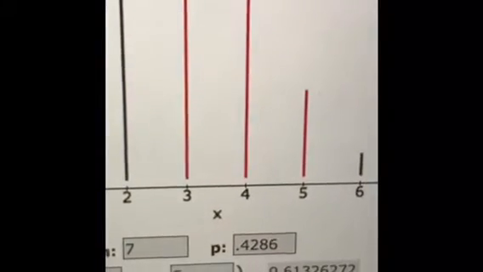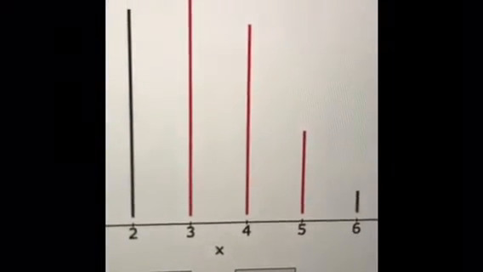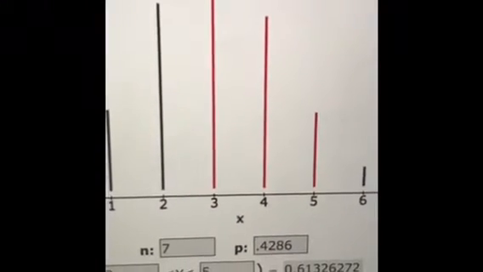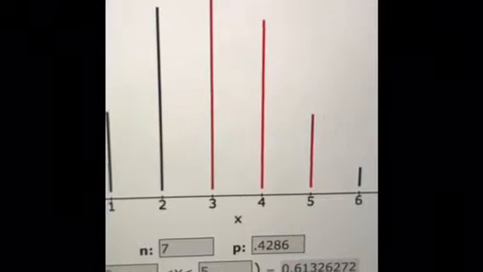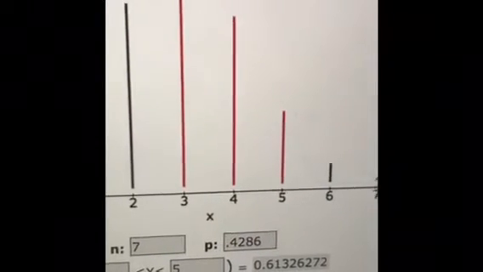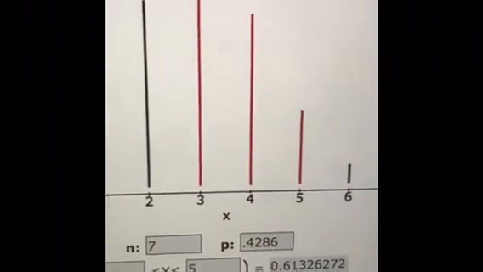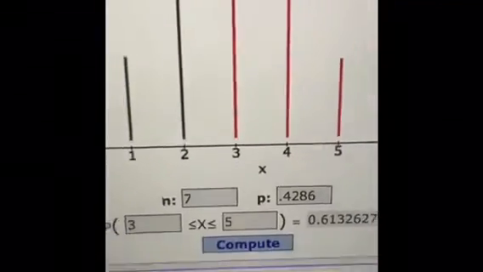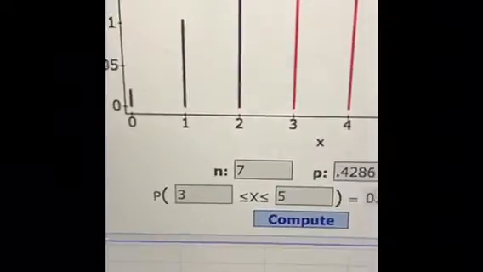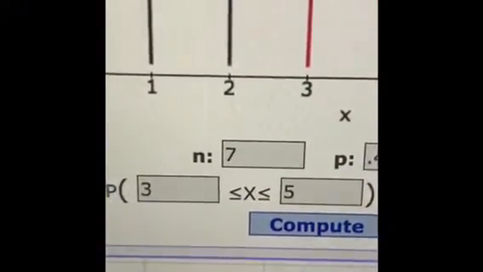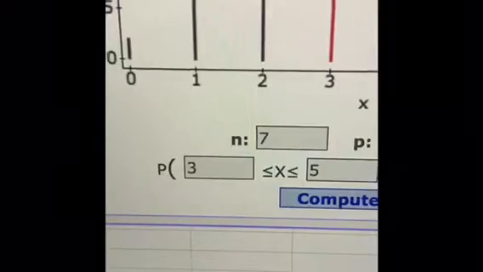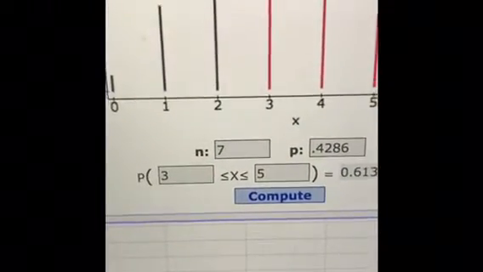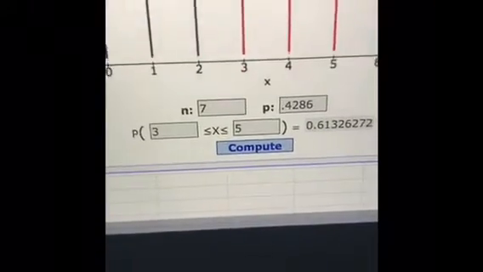P represents the probability of it actually happening, which would be 3 out of 7, because again the range is 3 to 5, which is three numbers. Then you come over here to the probability equation, and you got the 3 and the 5, which is what's considered a success in this situation.